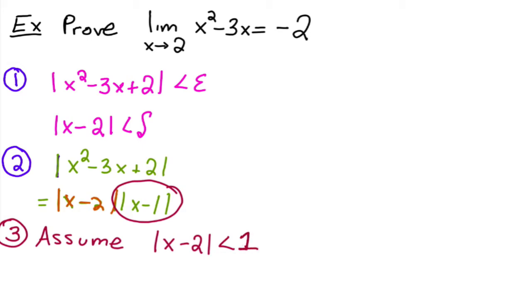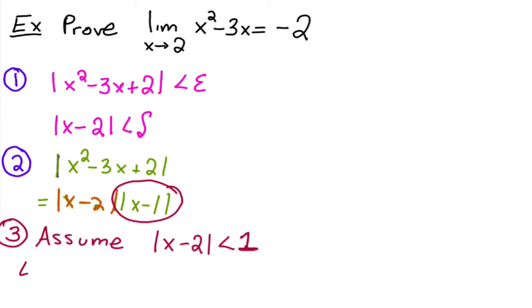So you're just assuming that it's going to be less than 1. And so if it has to be smaller, then we make it smaller. If delta can be smaller, then this doesn't hurt it at all, because the smaller the x gap, the better it is. So assume that that's the case.